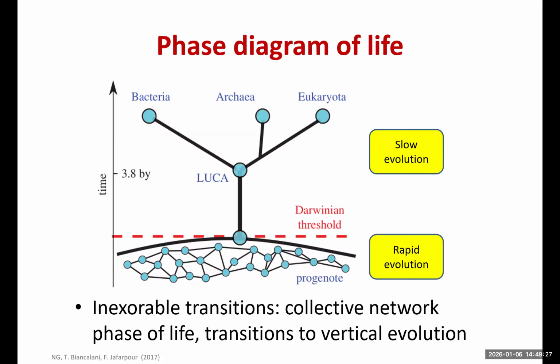And that's how life evolved so rapidly. It evolved through a network effect. And I'm not going to tell you about the theory that we developed on this and how it was done and how it was verified and so on, but this is a phase transition between a period of rapid evolution and a period of slow evolution.